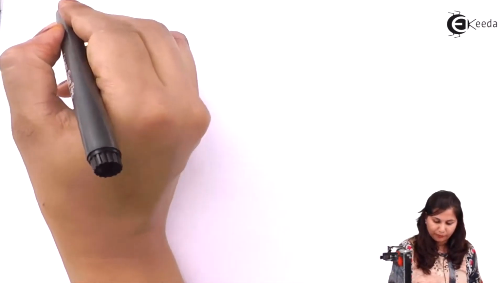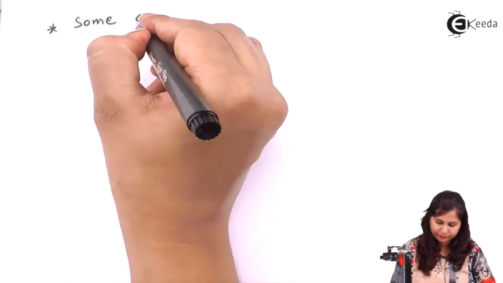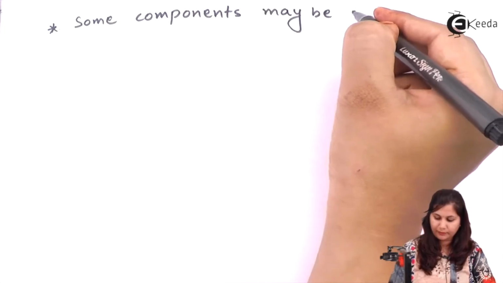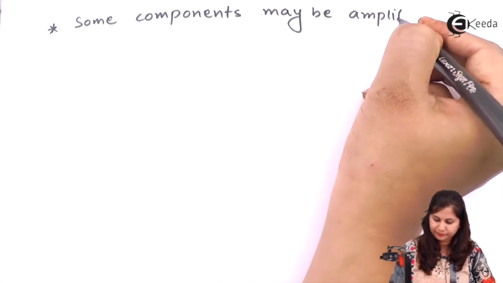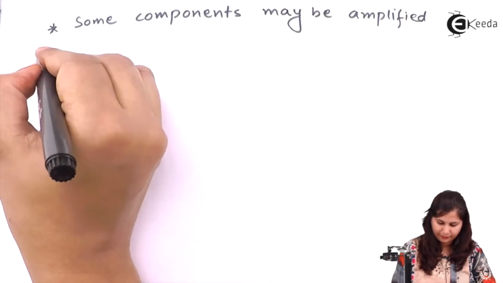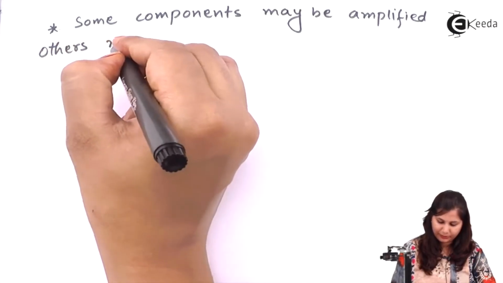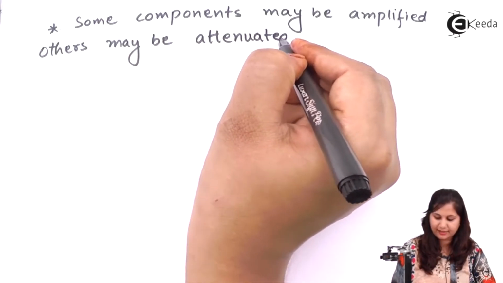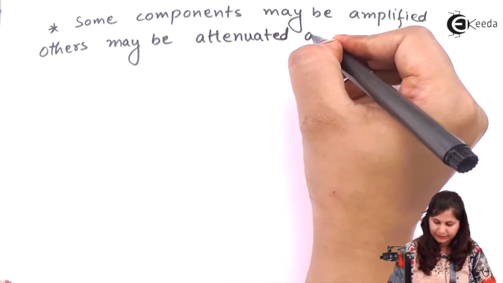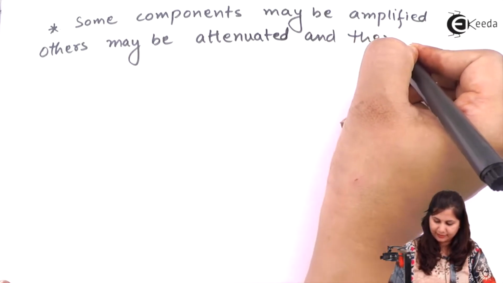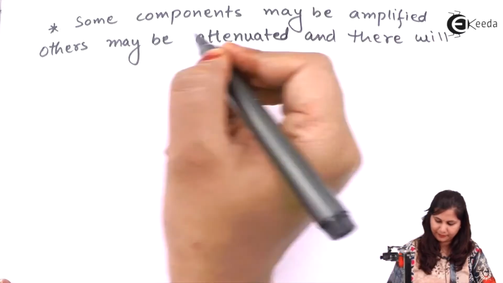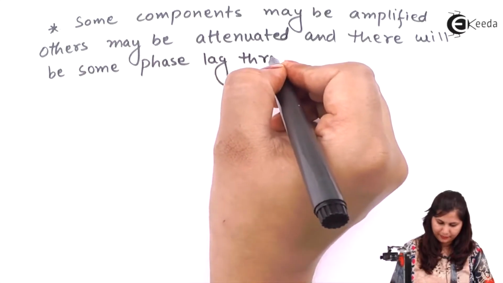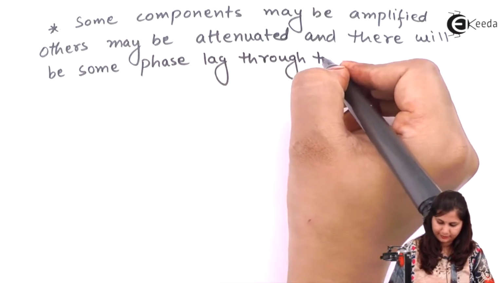So some of the components may be amplified, others may be attenuated. Attenuated means they are suppressed. And there will be some phase lag through the system.